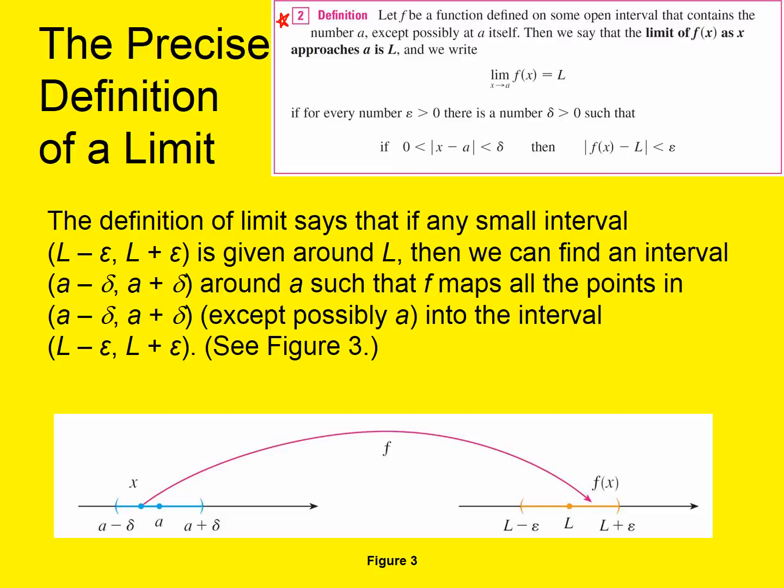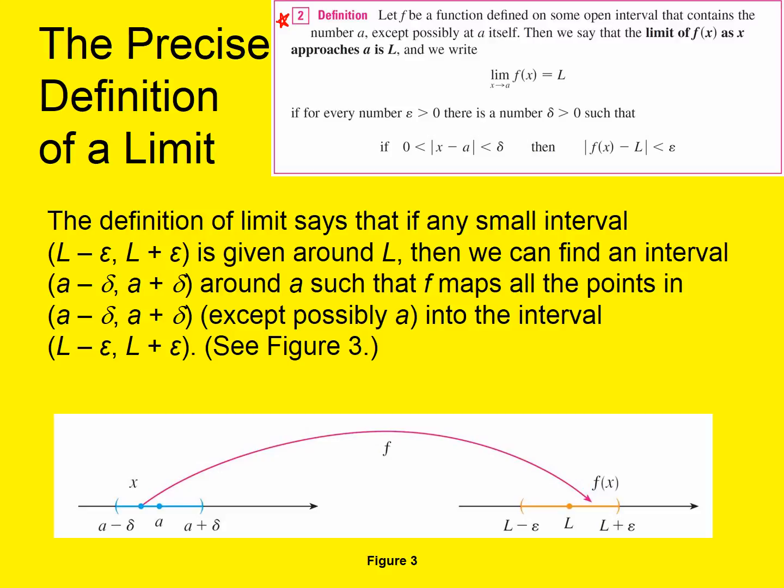Own that thing. Okay, the definition of limits says that if any small interval L minus epsilon, L plus epsilon is given around L, then we can find an interval a minus delta, a plus delta around a such that f maps all the points in that little interval, except possibly a, into the interval L minus epsilon, L plus epsilon.